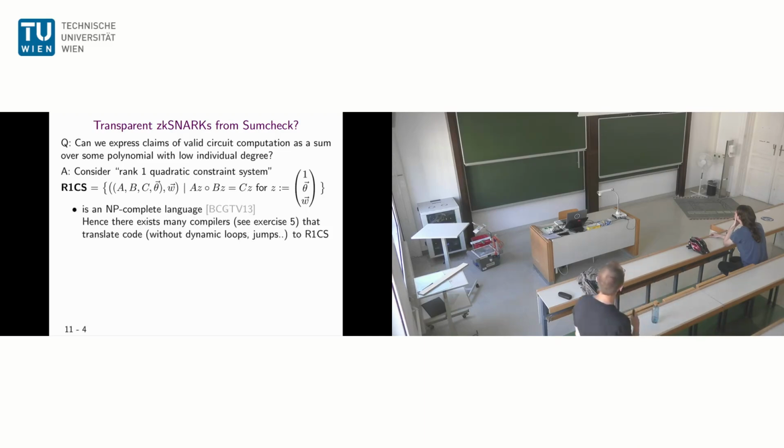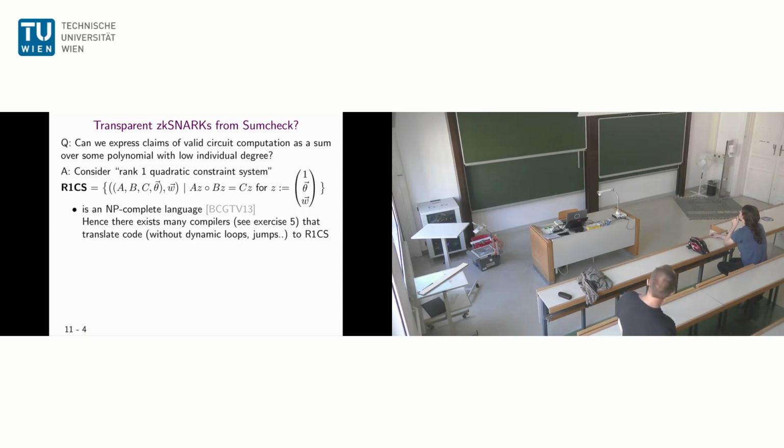So this language is an NP-complete language, and I already had you play with it in exercise 5. You saw a bunch of compilers that translate something that looks like standard code, but it was usually a subset of C or a subset of Python. Or Socrates feels like a Turing-complete language, but in fact it's not, right?